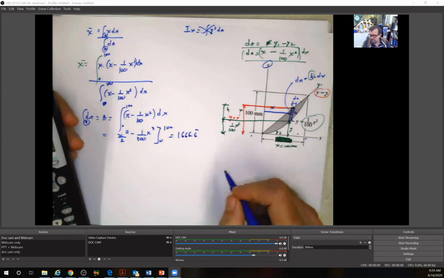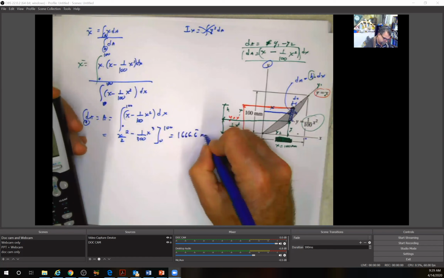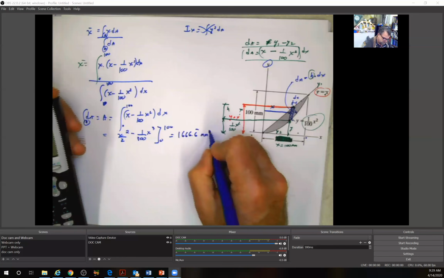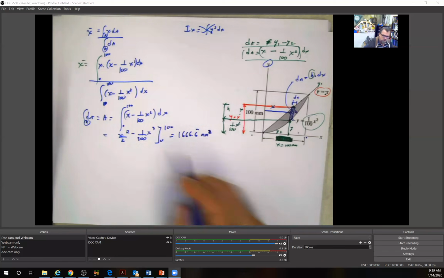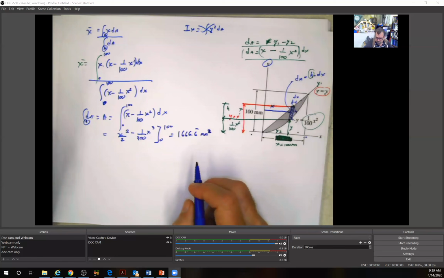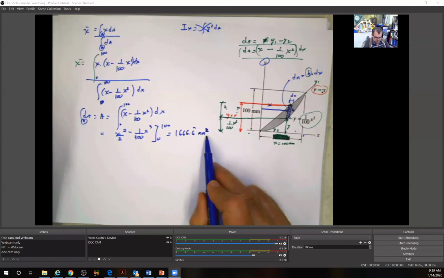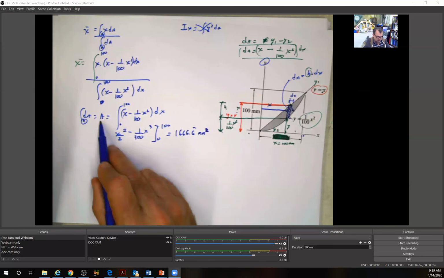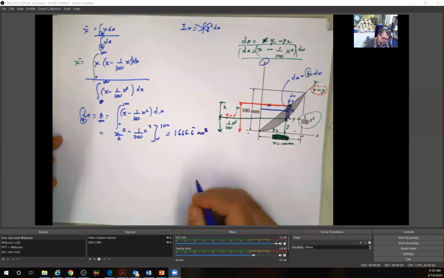Is that correct? Okay, units: millimeters squared, not to the fourth. I'm calculating areas. To the fourth is when you do a moment of inertia.